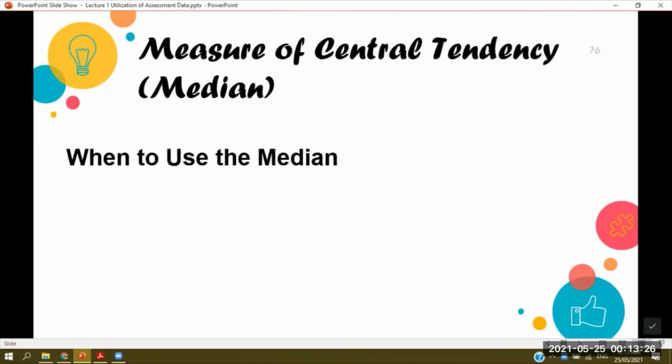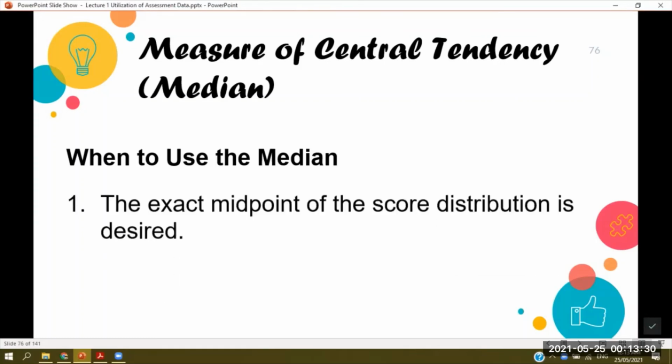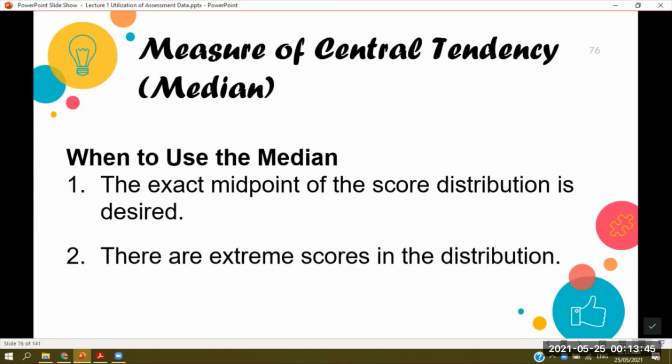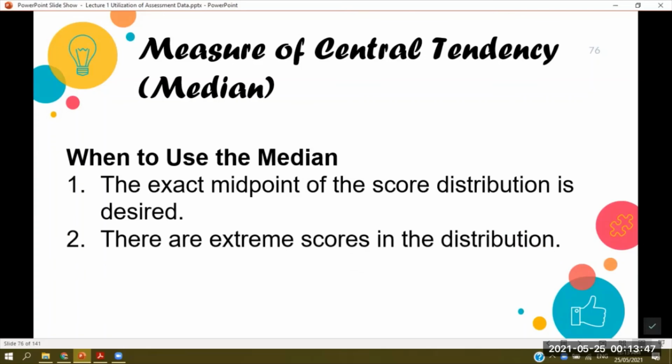So when do we use the median? Number one, when the exact midpoint of the score distribution is desired. If we want to know the exact midpoint, then without further ado, we have to use the median. Number two, when there are extreme scores in the distribution.